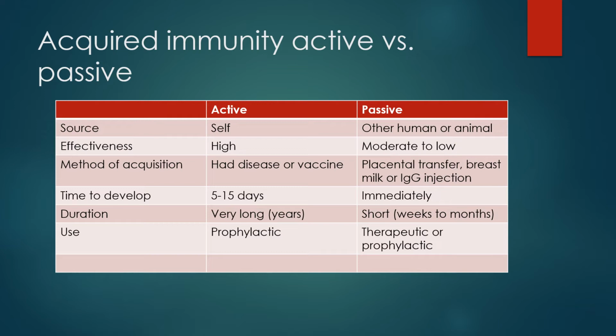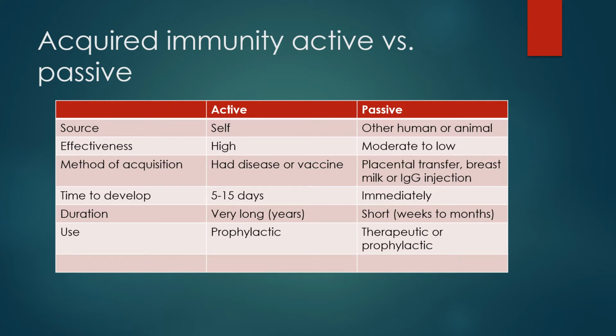The effectiveness of active acquired immunity is quite high, and the effectiveness of passive acquired immunity is moderate to low. The method of acquisition for active acquired immunity, like I mentioned, is that you've had the disease or you've been vaccinated. The method of acquisition for passive acquired immunity is that you've had antibodies go from mom to baby, you have antibodies in breast milk, or you've been given an injection of gamma globulin.